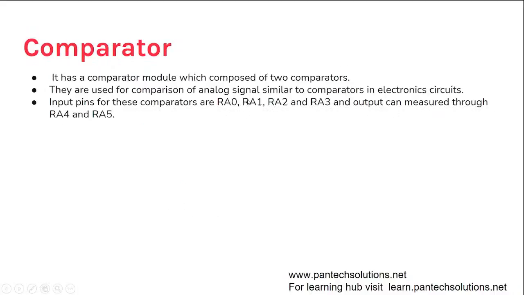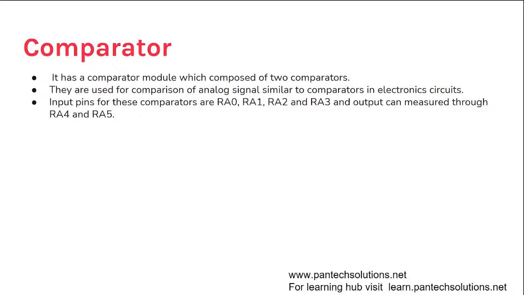So the comparator. It has a comparator module, just like analog signal comparators in electronic circuits, where you could use the analog supply pins and the analog input pins like RA0, RA1, RA2, RA3. You could use these analog input pins to compare the analog signals. So that is the advantage of this comparator.